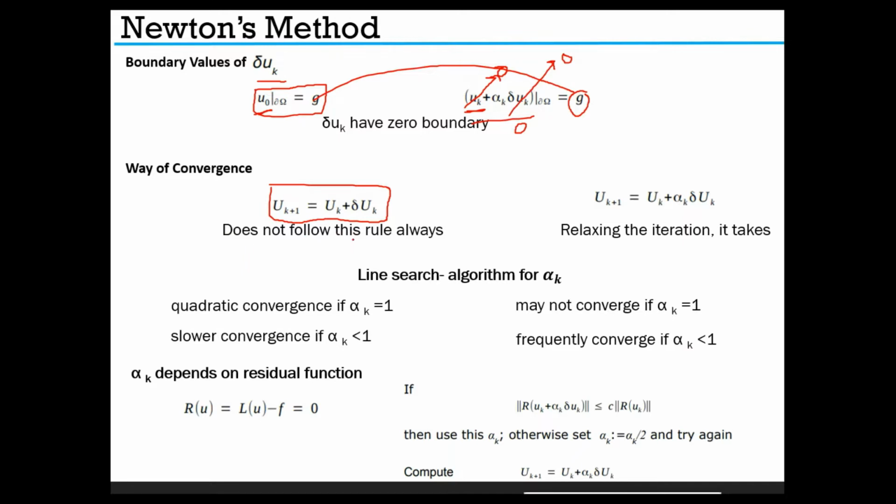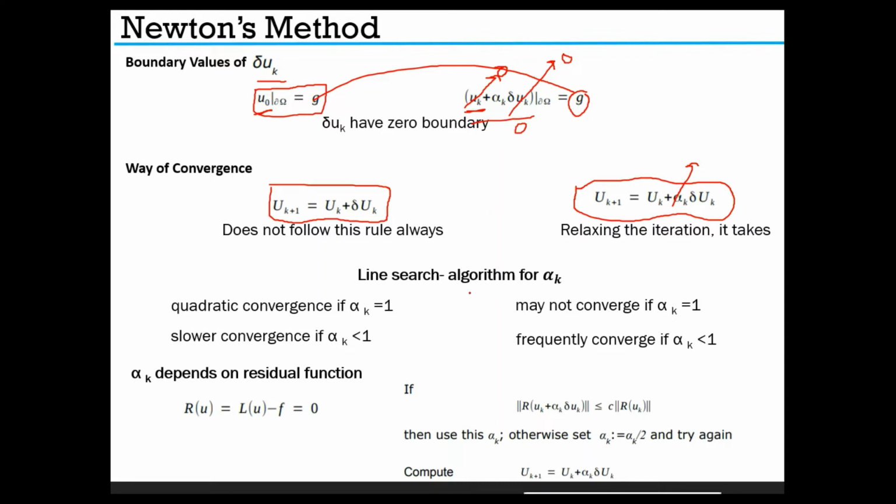Why? Because it might follow relaxation of the iteration, and it takes this type of equation where alpha is a coefficient, and with this equation it takes the relaxation for converging.